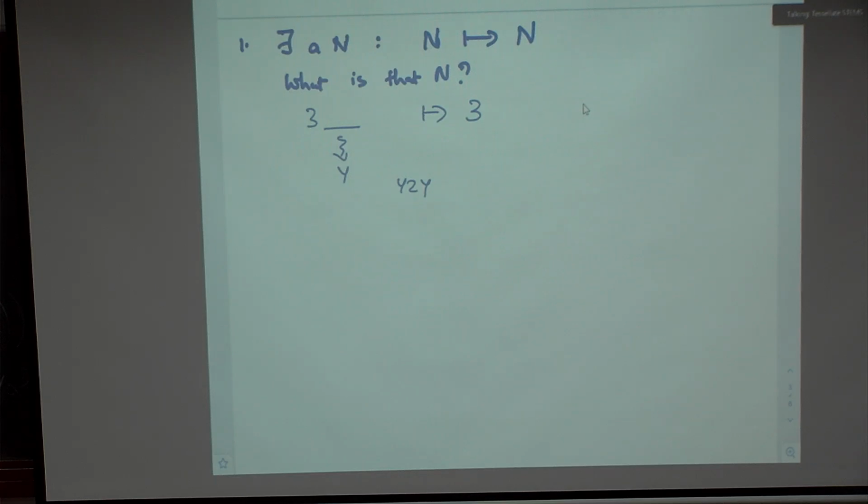If I want to make sure that this part outputs something that starts with a 3, so let's just try. Maybe it can start with some 2 and then you put a 3 so that it starts with a 3. Right, and that just works. So for example, this y can be 3 and then you will get 3 2 3 here. So that would work. So this is this number which will give you back itself, okay?